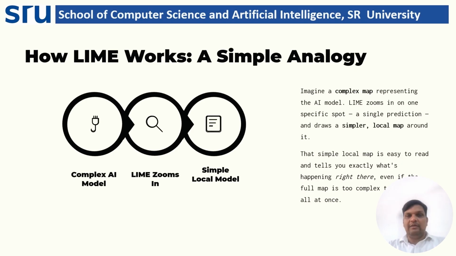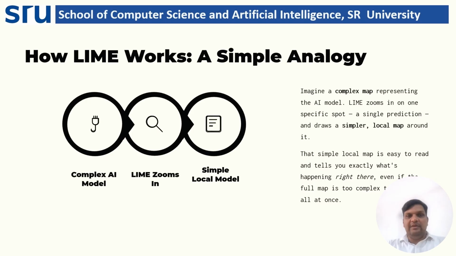How does LIME work? A simple analogy. Complex AI model, LIME zooms in, simple local models. Imagine a complex map having so many features, and it represents the AI model.